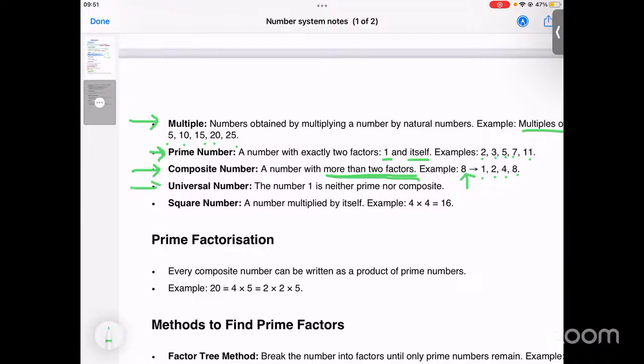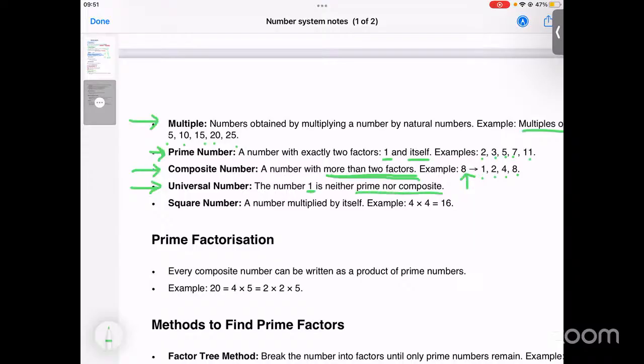Then when we talk about a universal number, it is the number one. The number one is neither prime nor composite. So this number 1 is none of these.